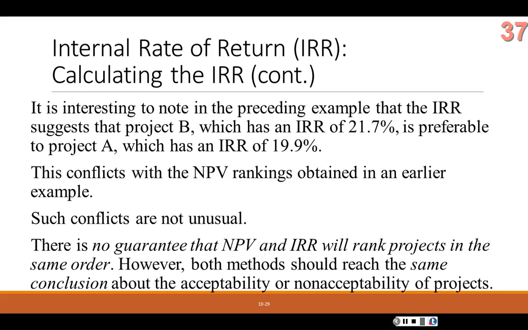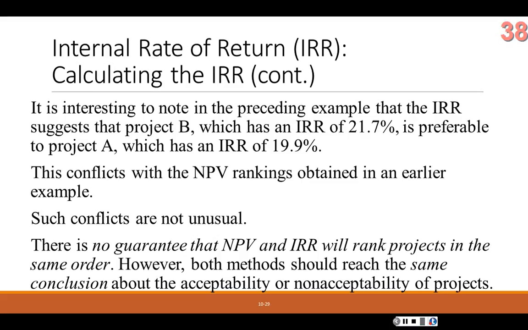Oftentimes, the internal rate of return will rank projects differently than net present value. It will give the same accept or reject decision, but it may not rank projects in the same order. They do, however, reach the same conclusion about the acceptability or non-acceptability of projects.